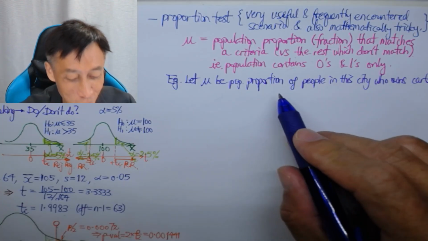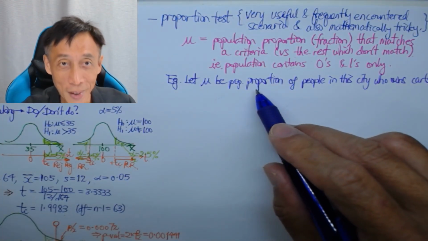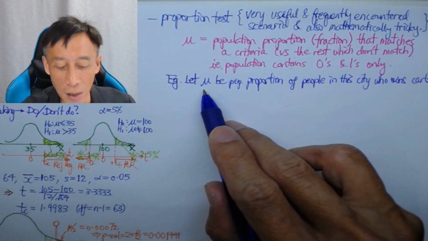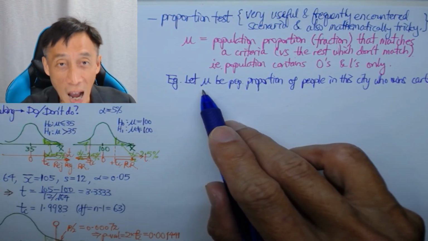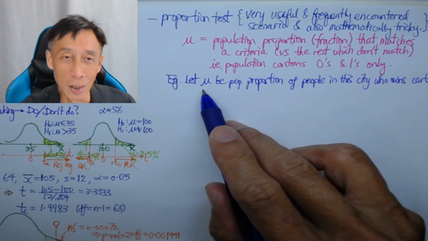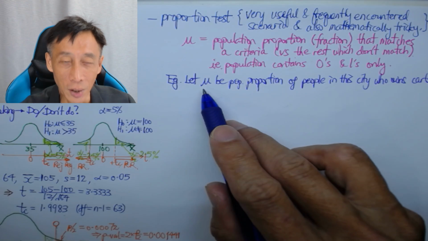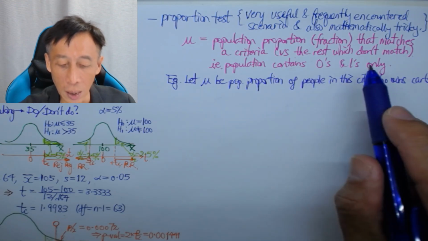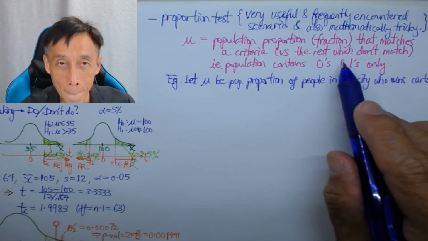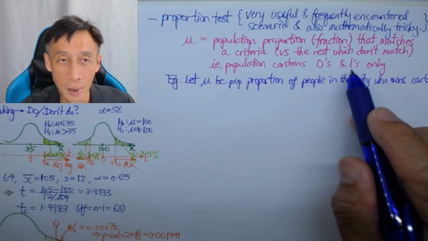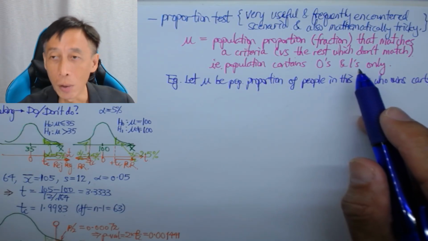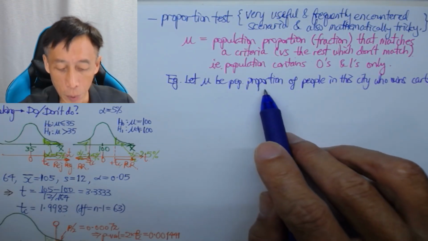So each member of the population is either 0 or 1, but mu itself is the average of zeros and ones. So the average of zeros and ones can be a number between 0 and 1. Correct or not? If you count all the zeros and count all the ones and add them all up and divide by the number of numbers, that's averaging, and you end up getting the population proportion.